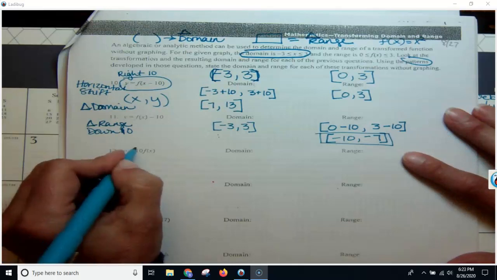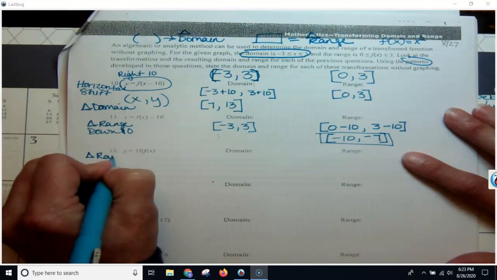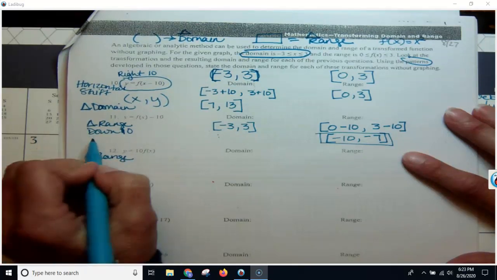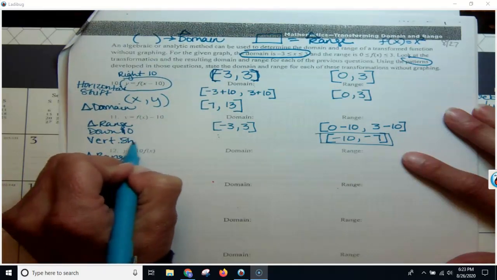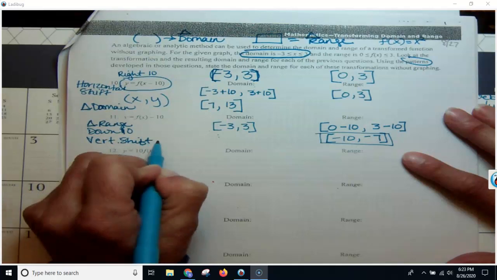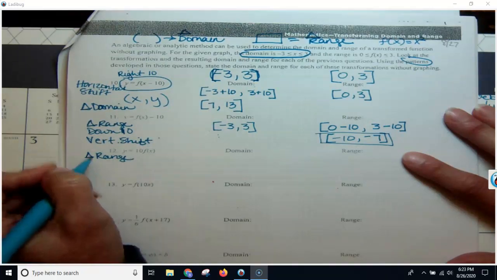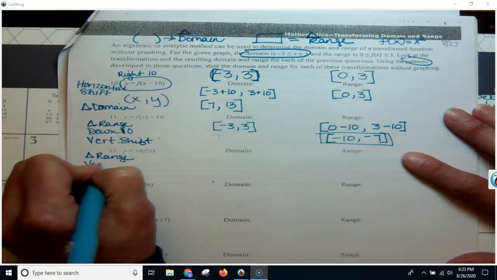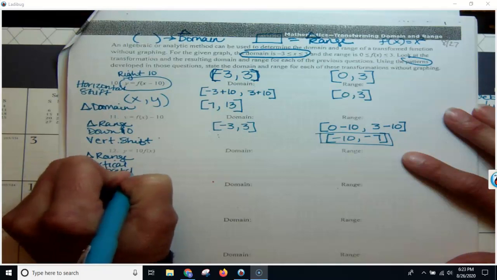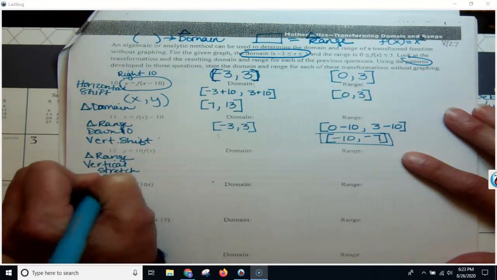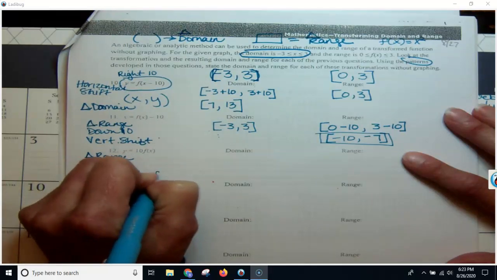All right, so now I've got this, again, is outside the parentheses, so this is going to be a change to my range. Oh, this is a vertical shift, sorry. Vertical shift down 10. This is going to be a vertical stretch by a factor of 10.